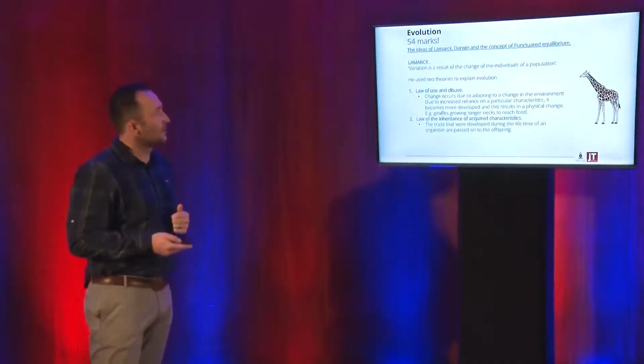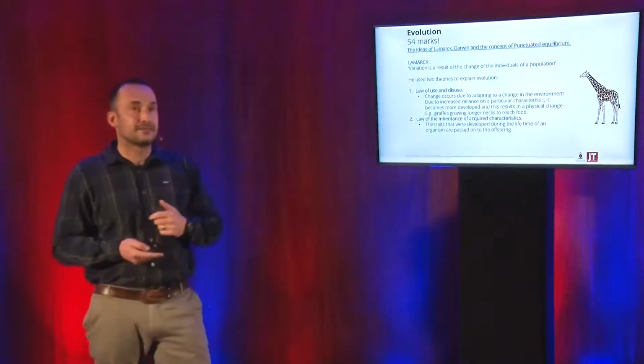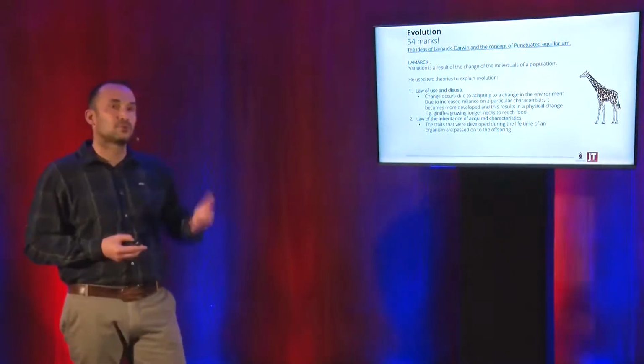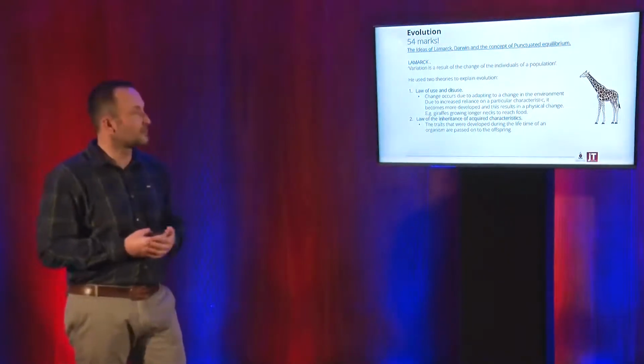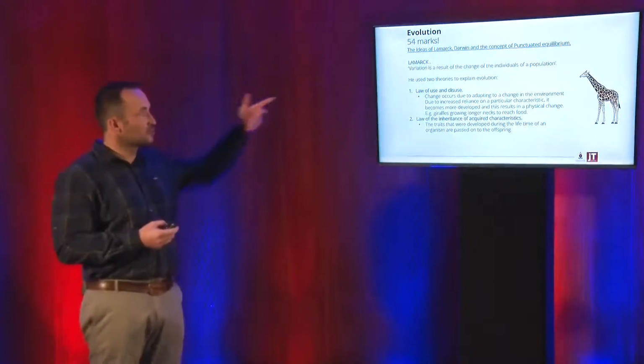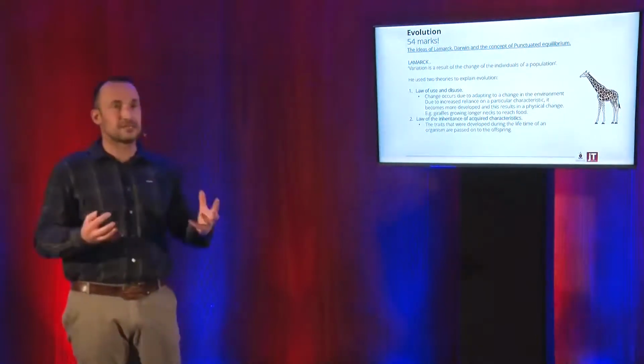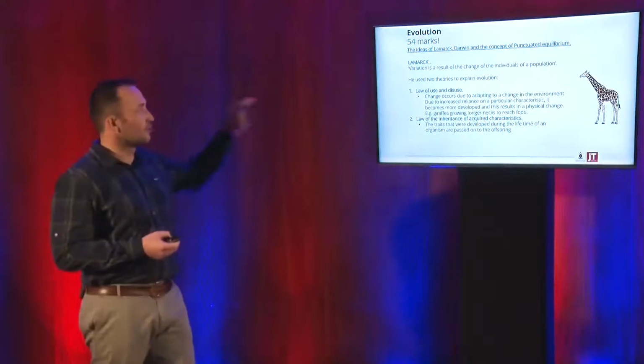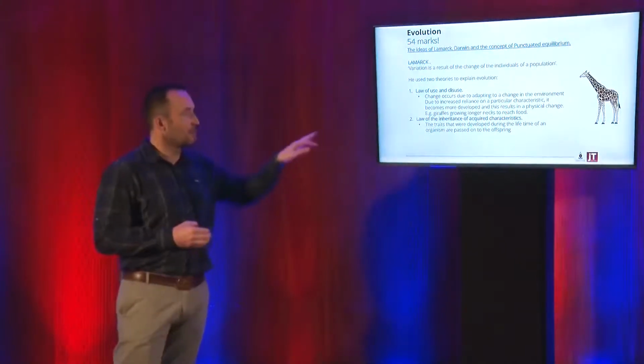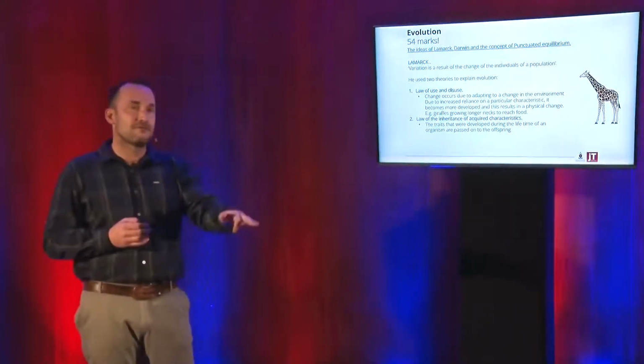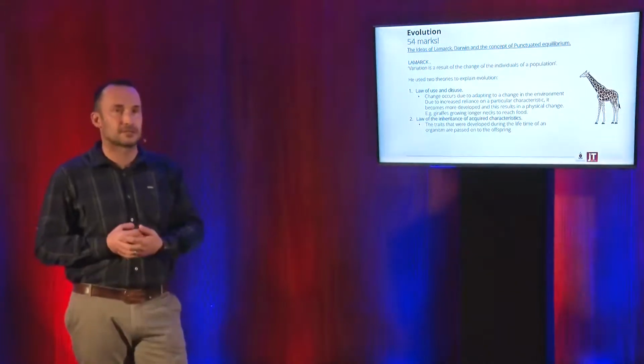Okay, so now we're looking at Lamarck quickly, and his theory was one of the first theories when it came to evolution. Okay, and he used two laws to motivate his theory. He looked at the law of use and disuse, and the law of the inheritance of acquired characteristics.